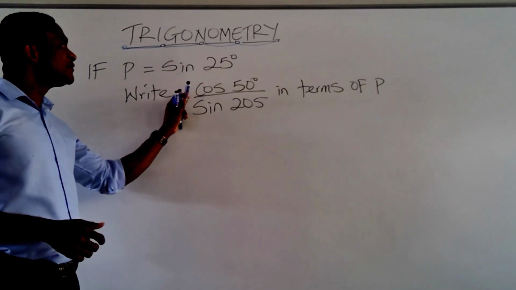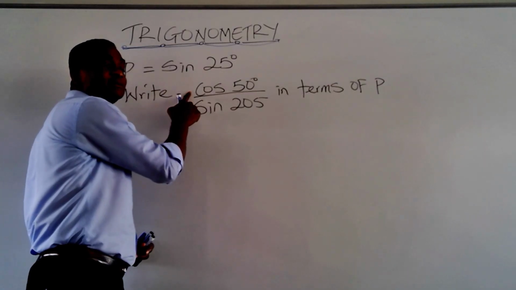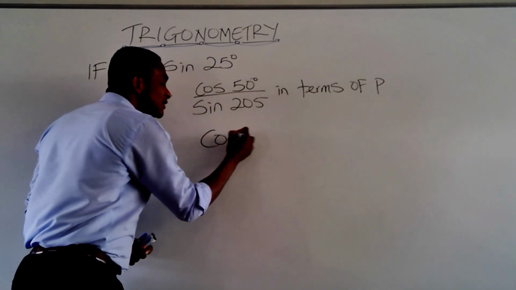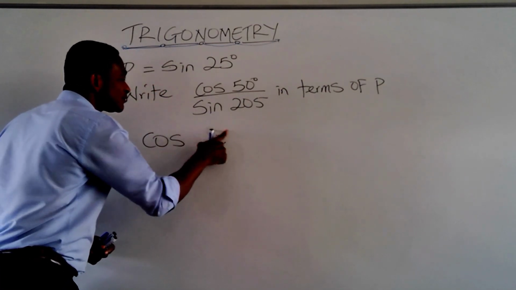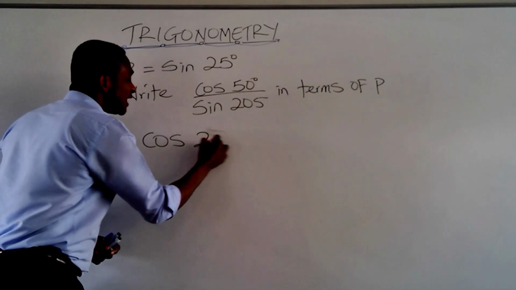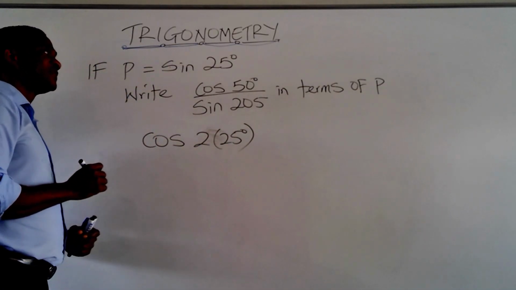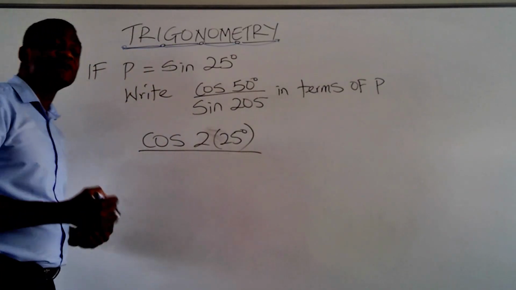We start by breaking these into double angle. The only way to get 25 here is if we have cos of 2 times 25, that will give us 50. Then we look at the denominator. How do we get a 25 out of it?